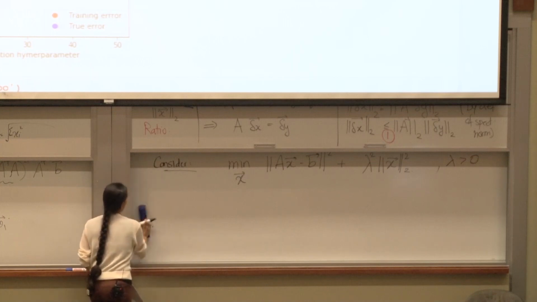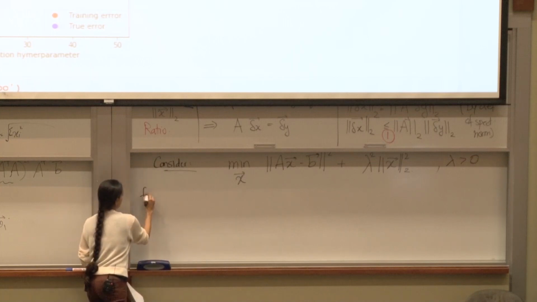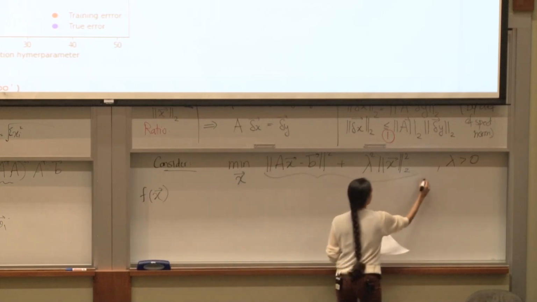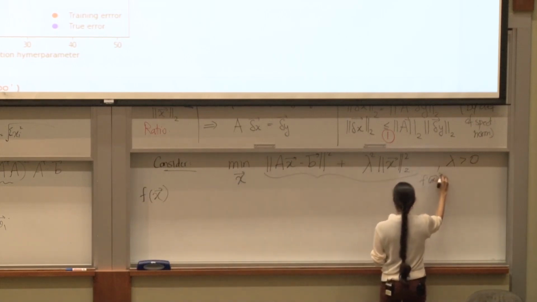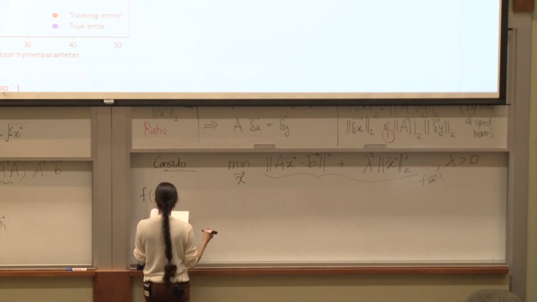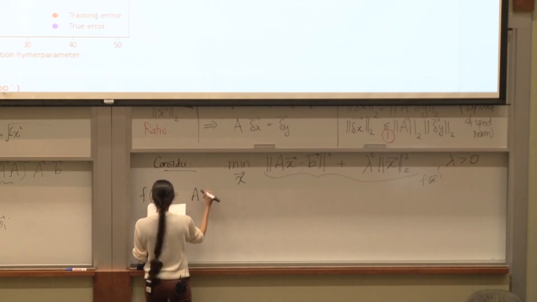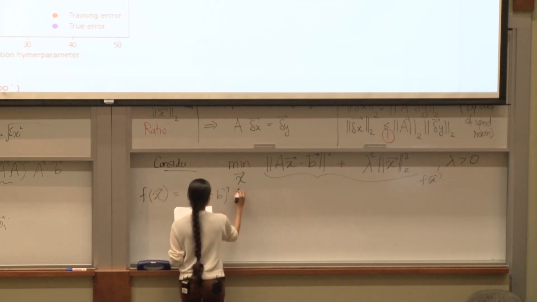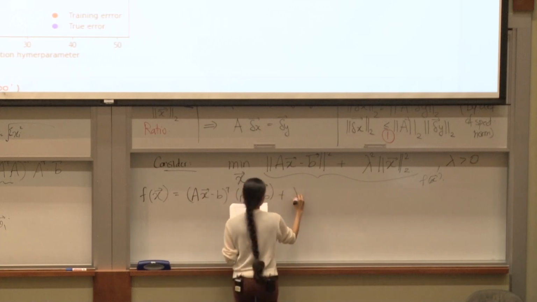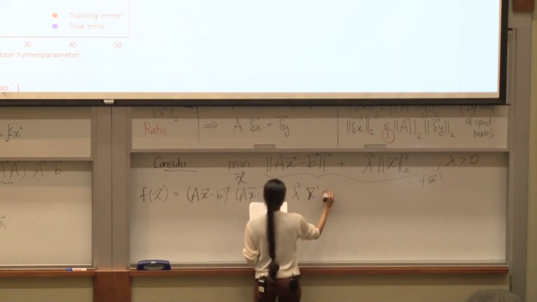So, why don't you actually compute the gradient of this while I do it on the side? So this is f of x. Find the gradient and set it to 0. So this is just equal to (Ax minus b) transpose (Ax minus b) plus lambda squared x transpose x.